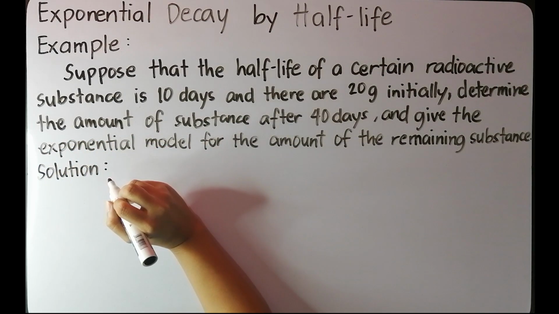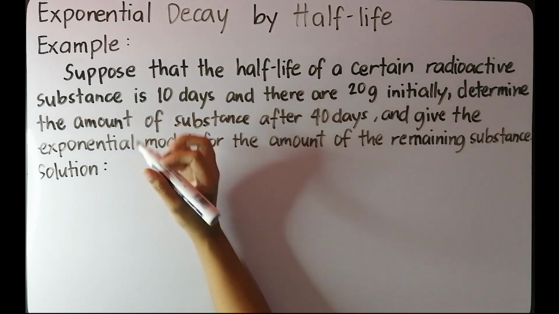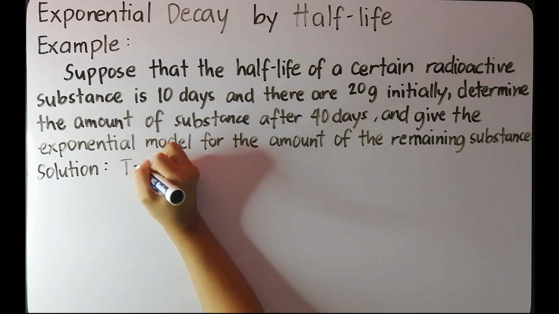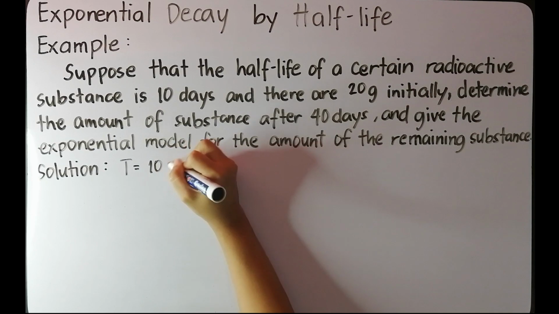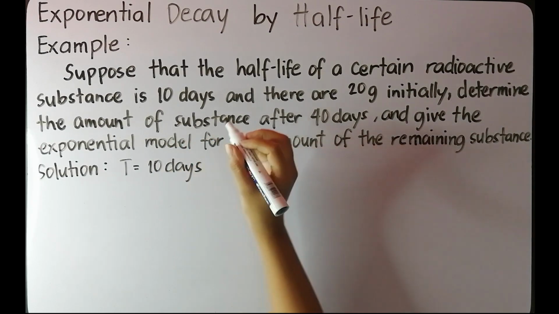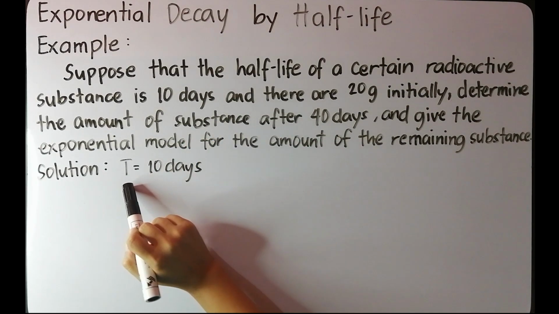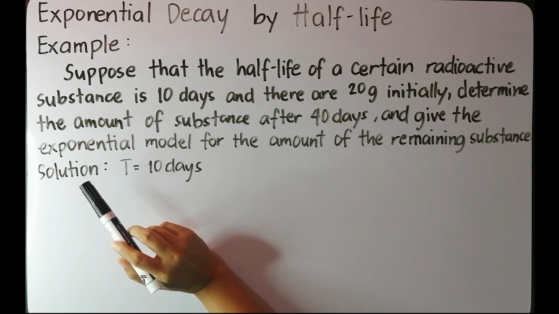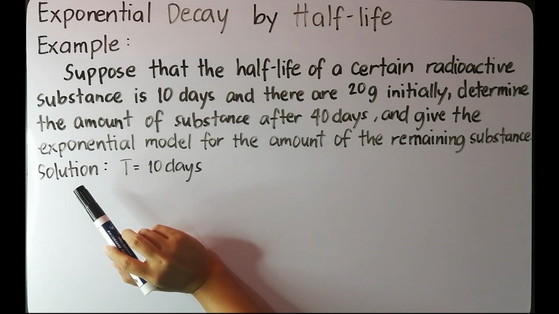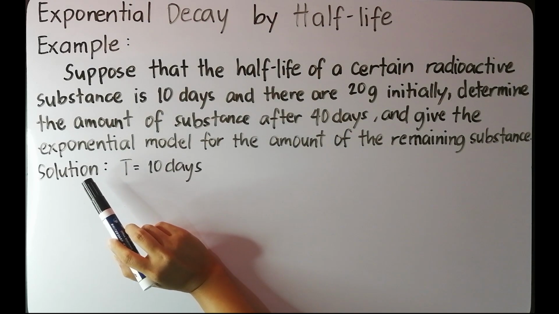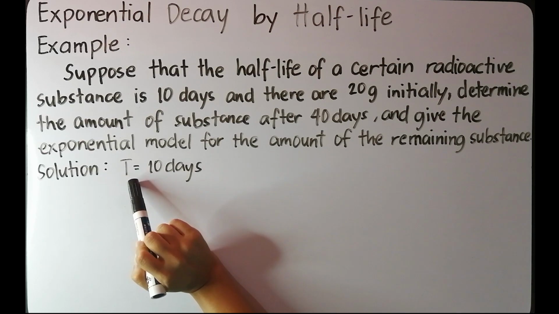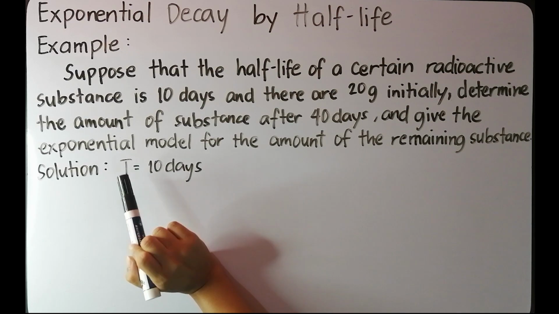We have here the half-life. What is that? That is T, so that is 10 days. In here, our T is the half-life. In our previous application, which is doubling, T is the time when your amount will double.